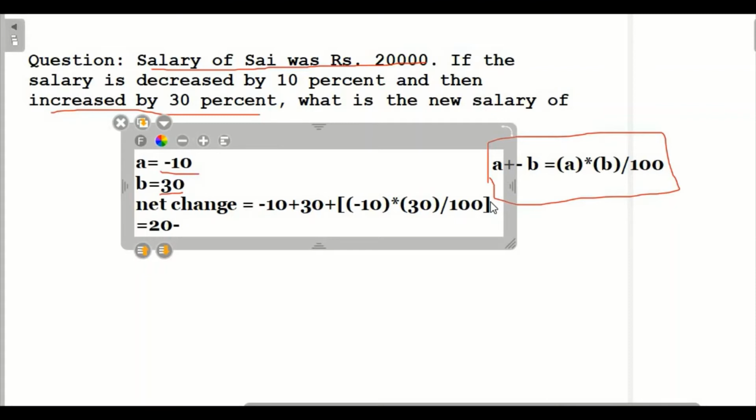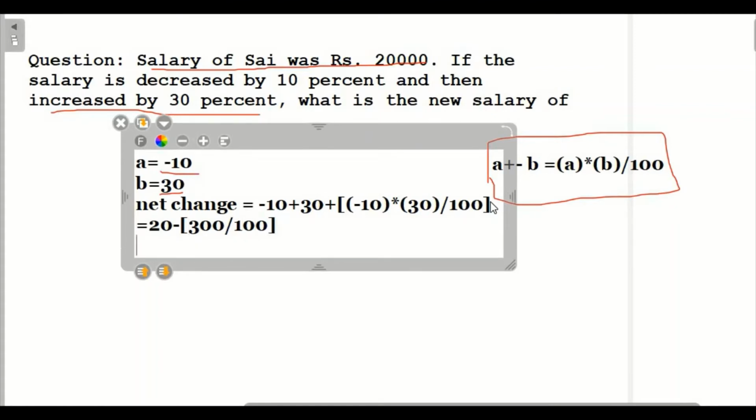So you get minus 300 divided by 100, which is minus 3. So 20 minus 3 equals 17 percent.